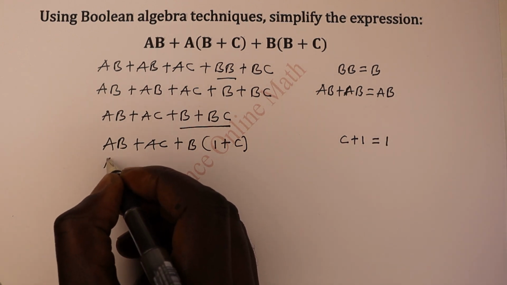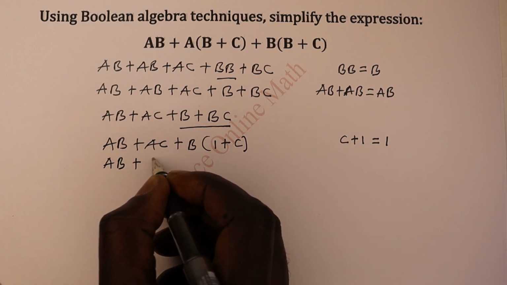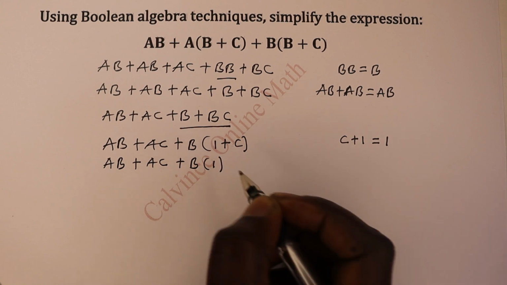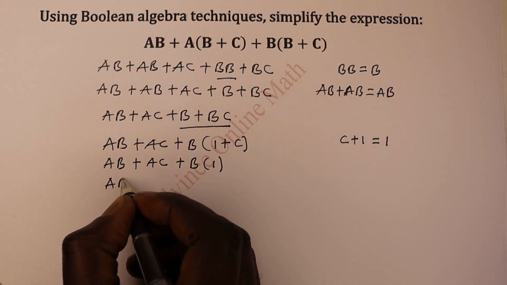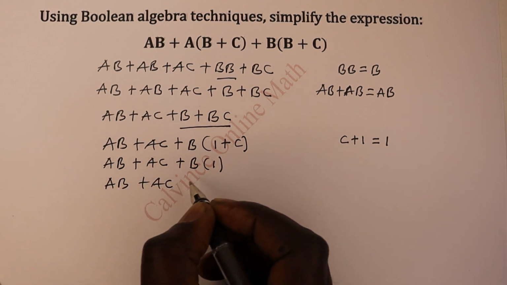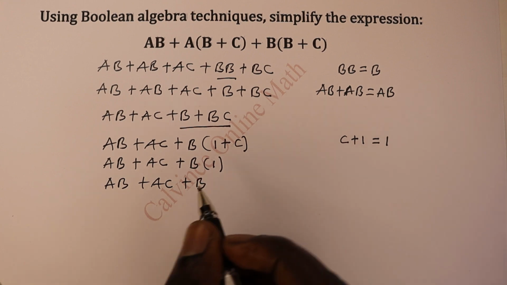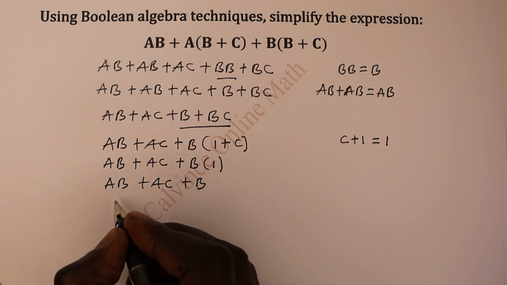So it therefore means that we have AB plus AC plus B into 1, which you can write as AB plus AC plus B.